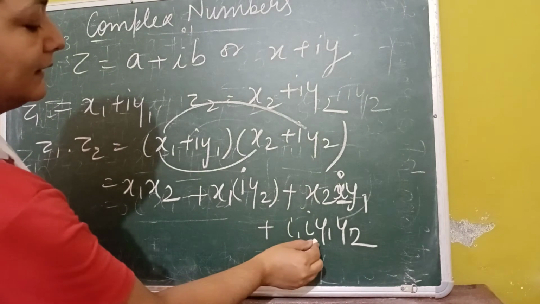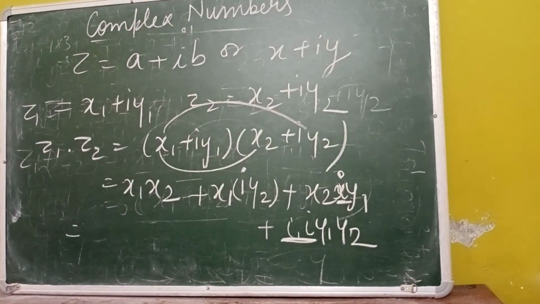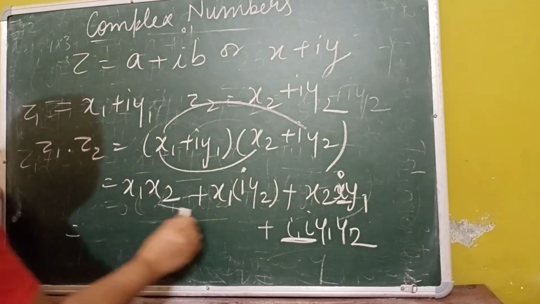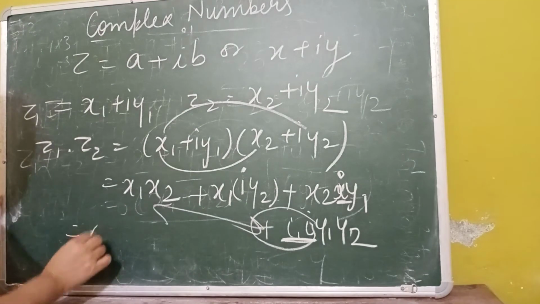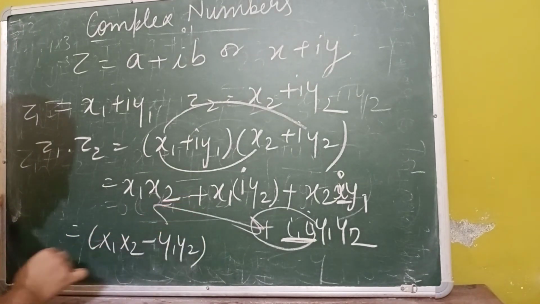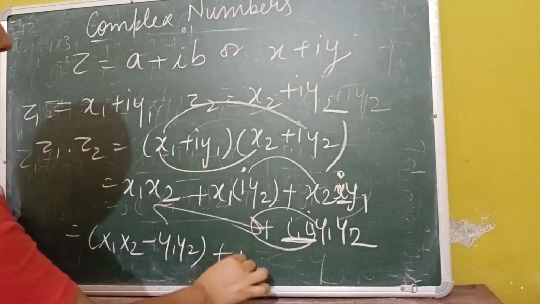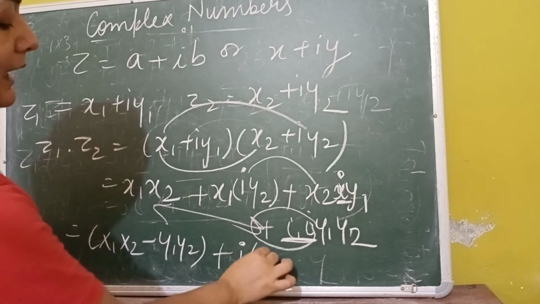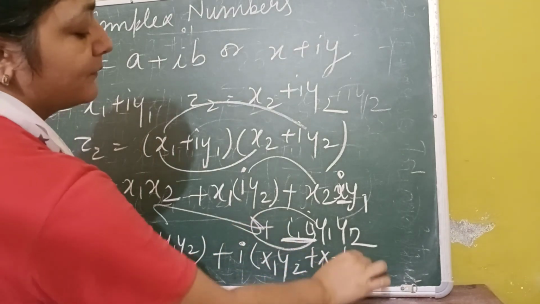This i square will be minus 1, as we know that i square is minus 1. So these two terms together are x1 x2 minus y1 y2, plus from the other two with the imaginary unit I take i common outside, and inside it will be x1 y2 plus x2 y1.